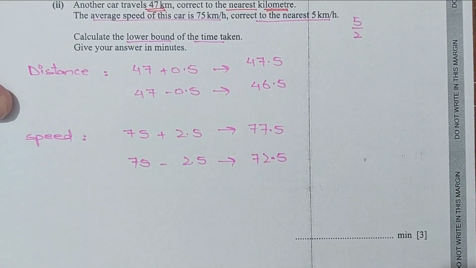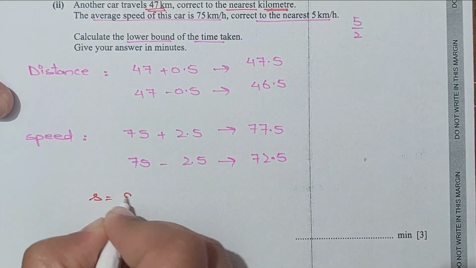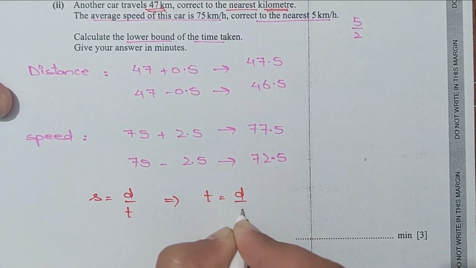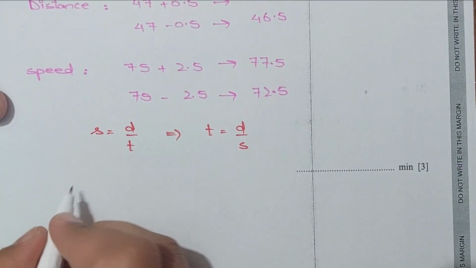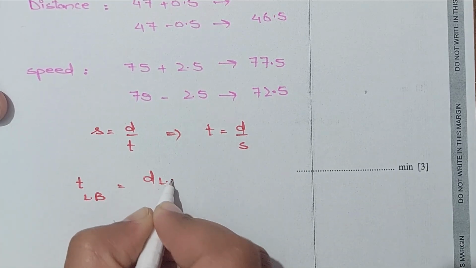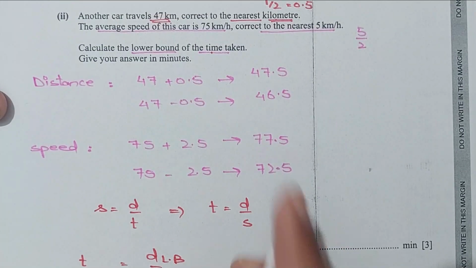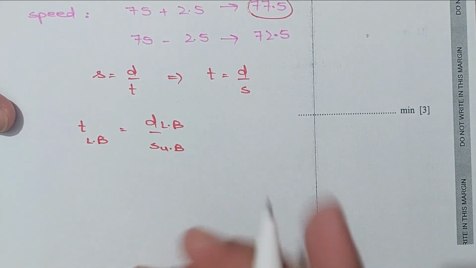Calculate the lower bound of the time taken. The speed is distance over time, so the time is going to be distance over speed. We have to find the lower bound for the time, so it means the distance lower bound and the speed upper bound. Plug into the formula.